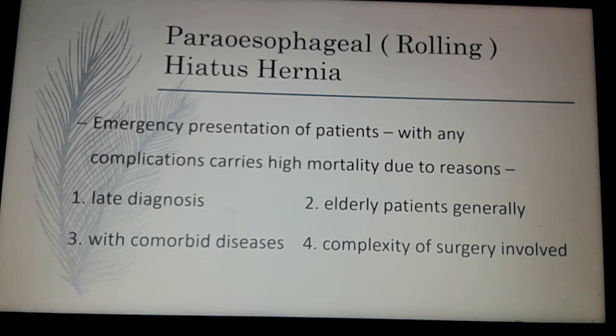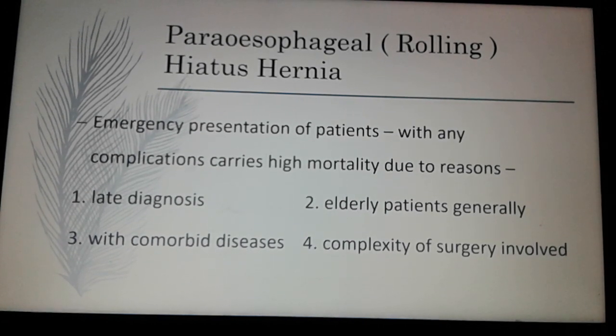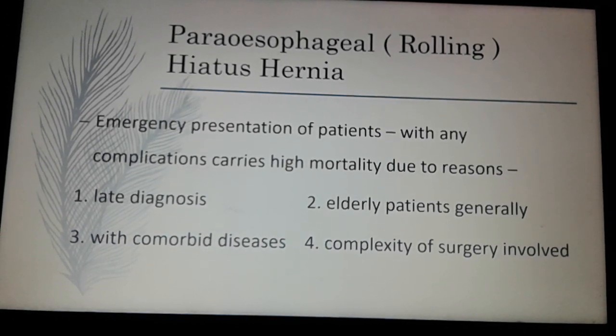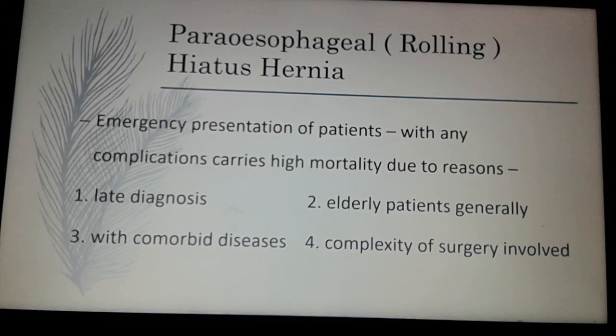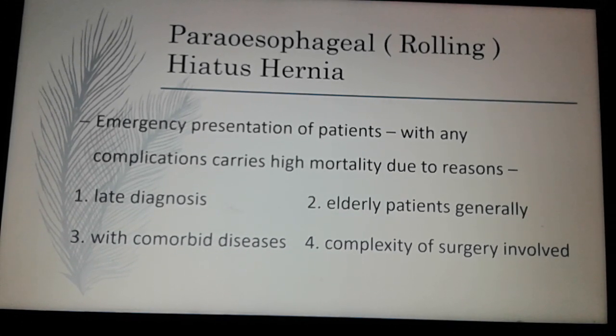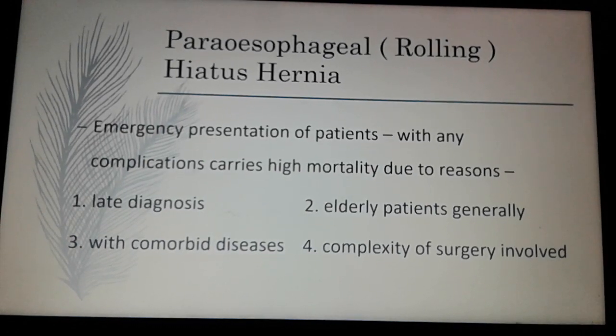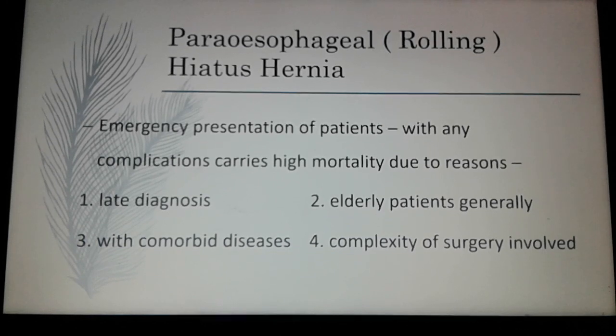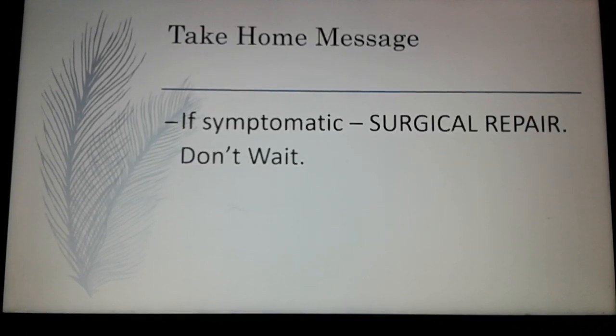Yes, again, poor results. And finally, the complexity of surgery involved in the management of rolling hiatus hernia, especially if it is associated with some complications. So these are the four reasons why we are going to have a high mortality if the patient is presenting to us in an emergency condition.